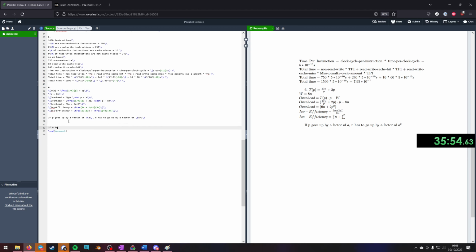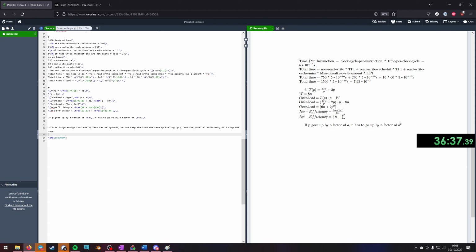If n is large enough that the 2p term can be ignored, we can keep the time the same by scaling up p, and the parallel efficiency will stay the same.